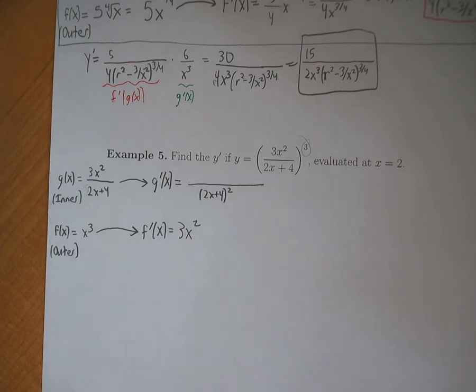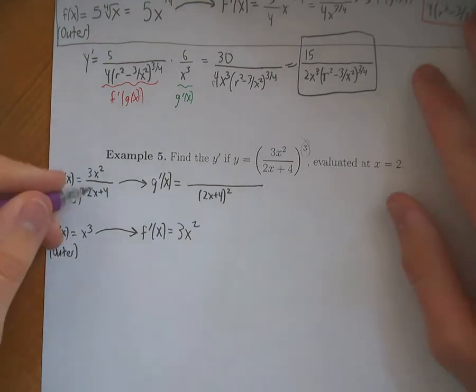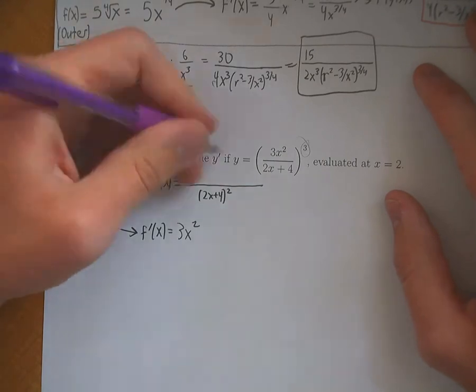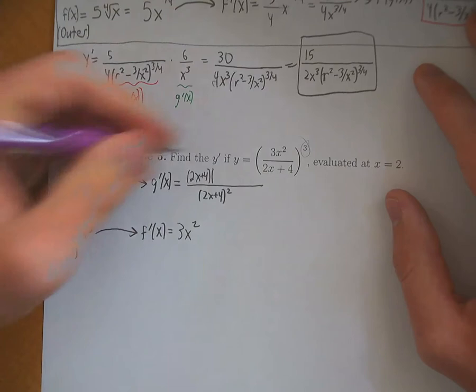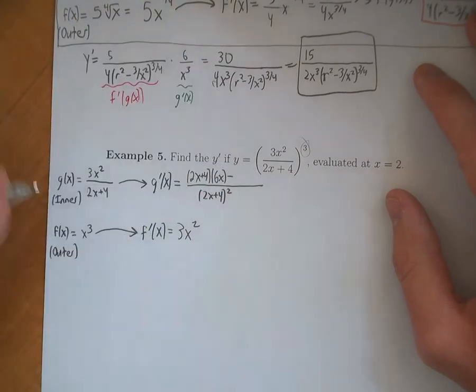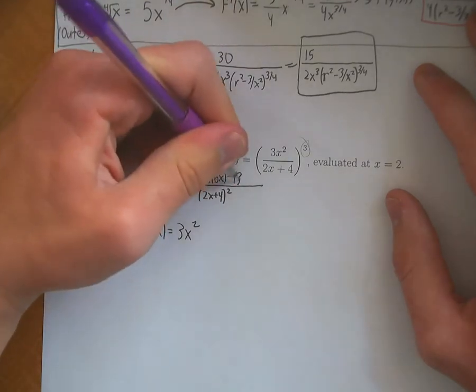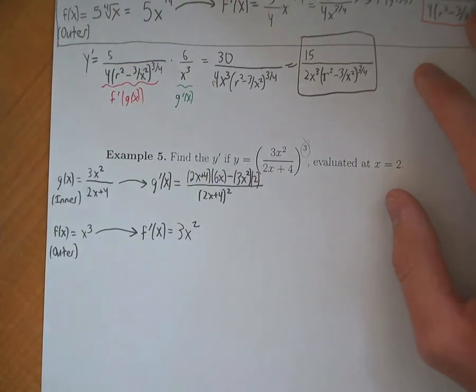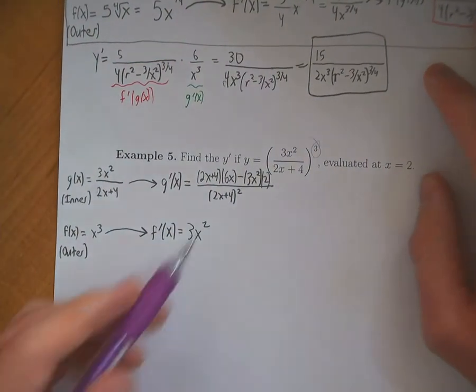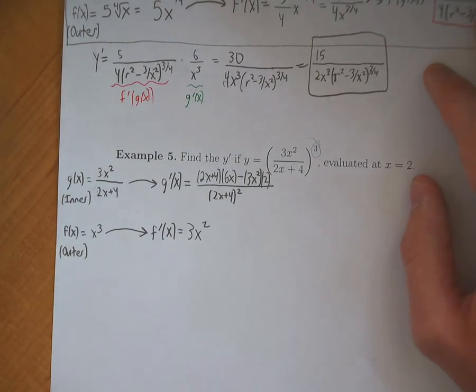Right. So in this case, we have low d high, so 2x plus 4 times derivative of high, so 6x, minus high, so 3x squared, times derivative of low, so 2. That gives you the numerator of your difference quotient.